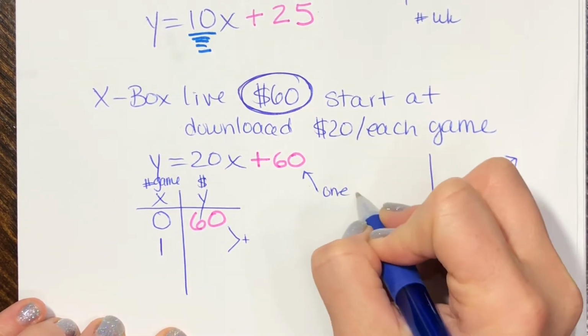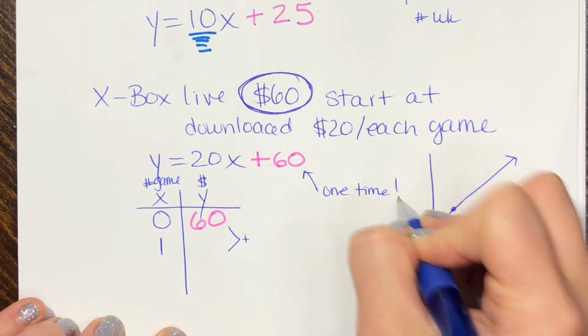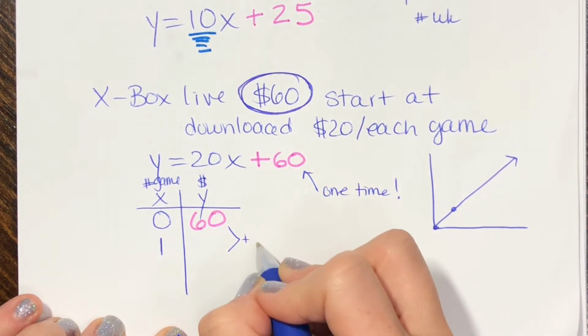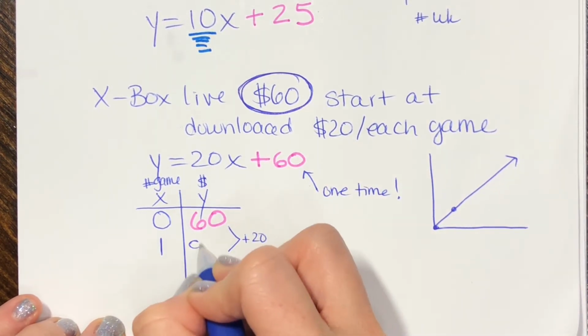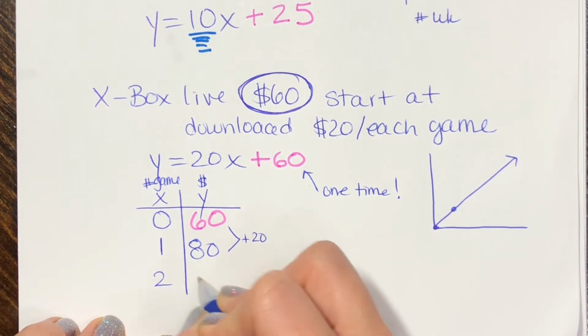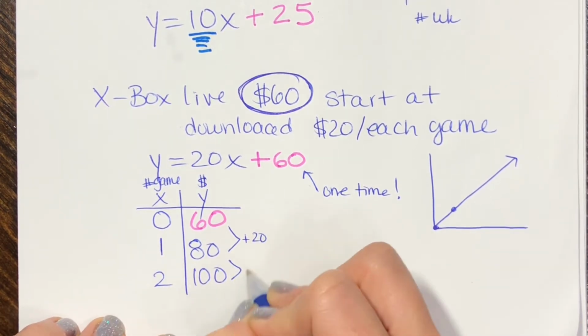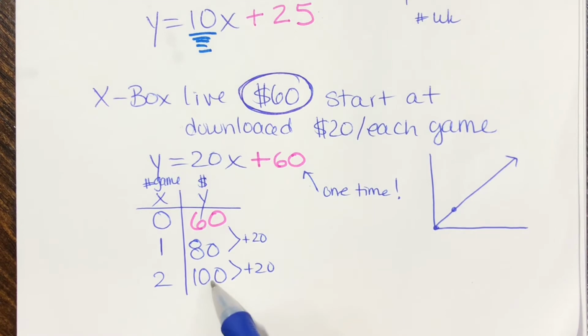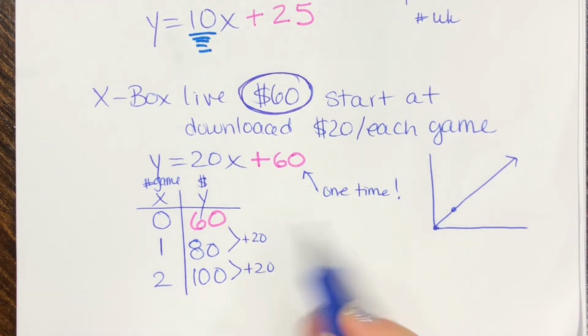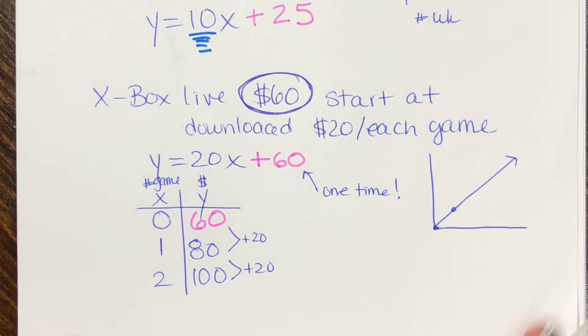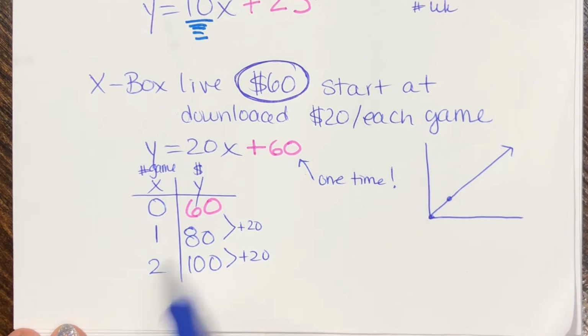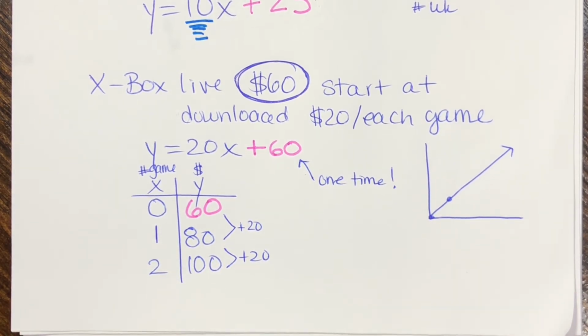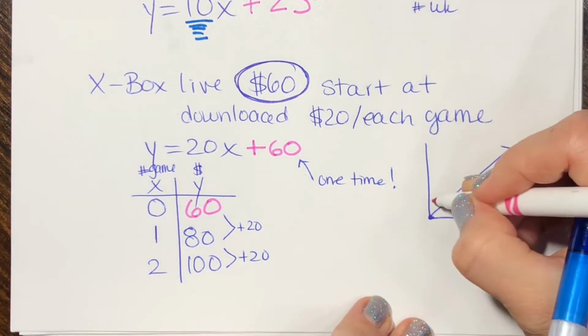I only pay that $60 one time. It's the 20 that I pay multiple times, depending on how many games I buy. So after 2 games, my total cost will have come to $100. 60 of it will have been my Xbox Live membership, and the extra 40 will have been from the 2 games. And how does this affect how we graph this?